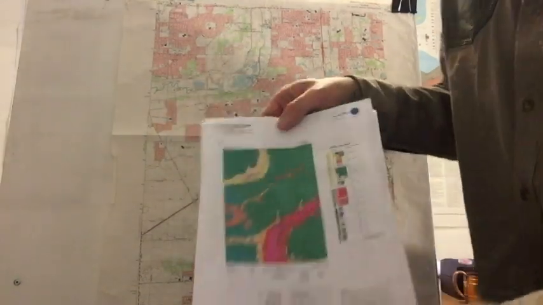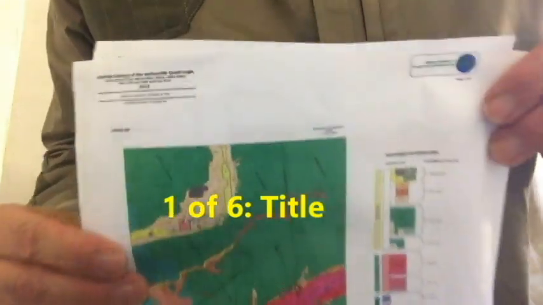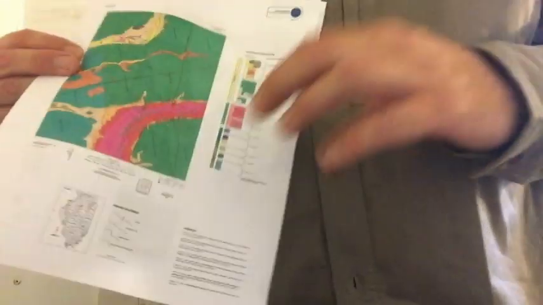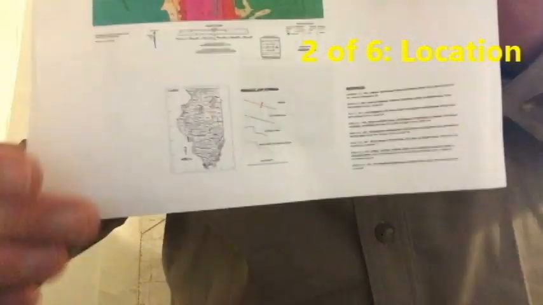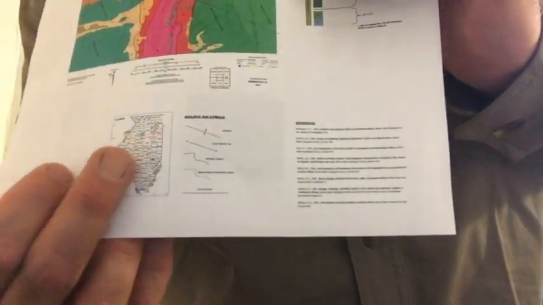But up here, you see we have the title with the authors and the year it was made. You need that on your geologic map, okay? You need a location. I do the whole state, or if I'm doing Ontario, I won't do the whole province usually because it's huge. But I have right here an approximate location.